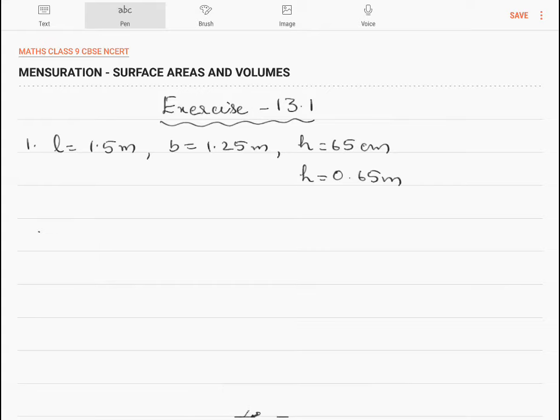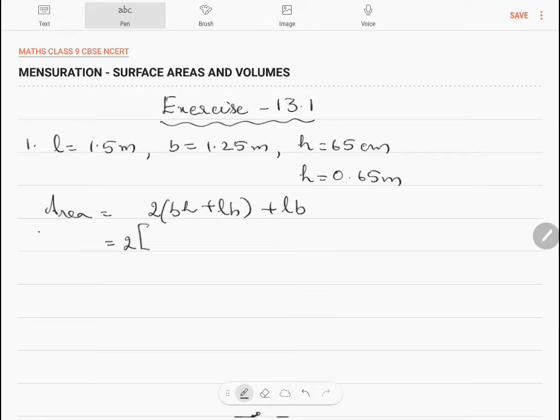So the formula will be: area of the sheet is equal to 2 into (BH plus LH) plus 1 time of LB, or 2 into (1.25 into 0.65 plus 0.65 into 1.5) plus 1.5 into 1.25.